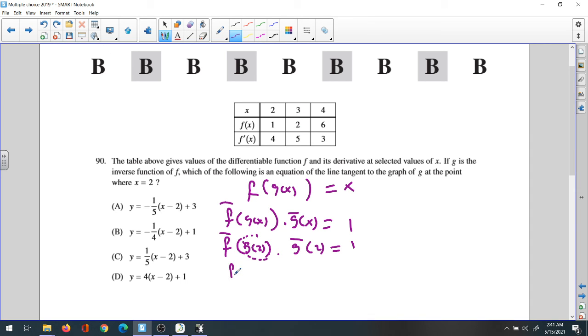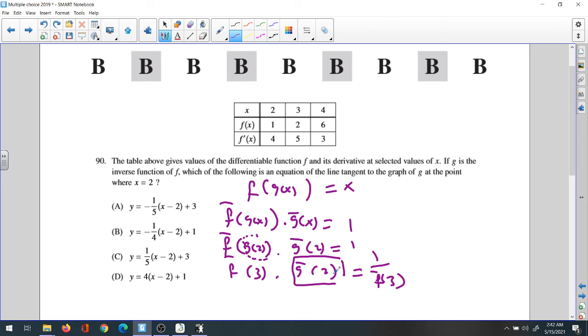So f prime of 3 times g prime of 2 equals 1. We want g prime of 2, so divide both sides by f prime of 3, giving 1 over f prime of 3.